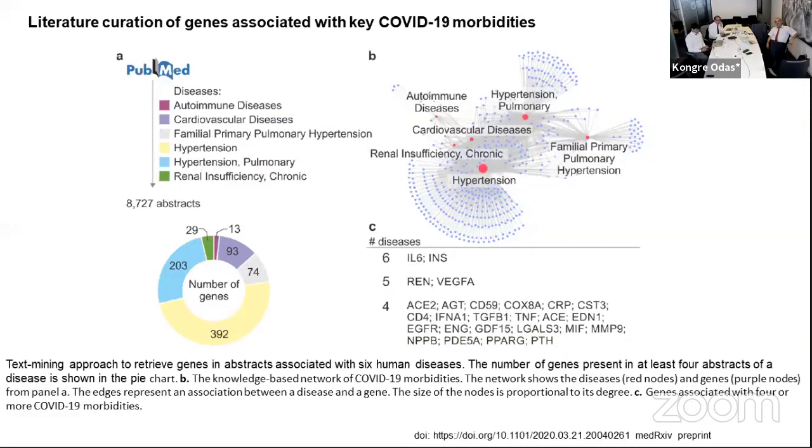Literature creation of genes associated with COVID-19 morbidities. So this is the one I was mentioning, the comorbidities. Morbidity is there and the comorbidity. That means patients are suffering from diabetes, heart disorders, and different types of cancers.